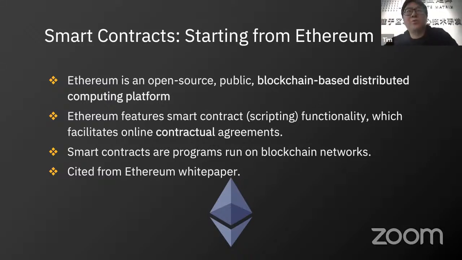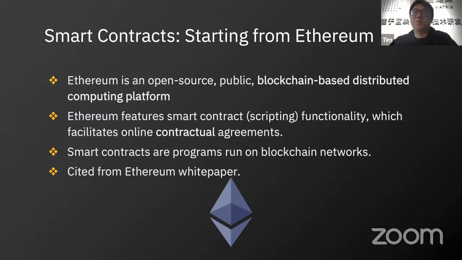Ethereum is an open source, public blockchain-based distributed computing platform. This is quoted from their white paper. They have a very important feature, smart contract functionality, which facilitates online contractual agreements. So basically you can write your own programs or your own applications in the blockchain in a decentralized fashion.